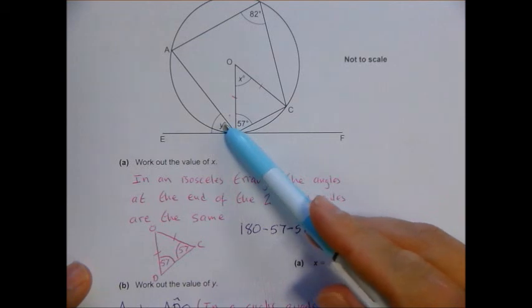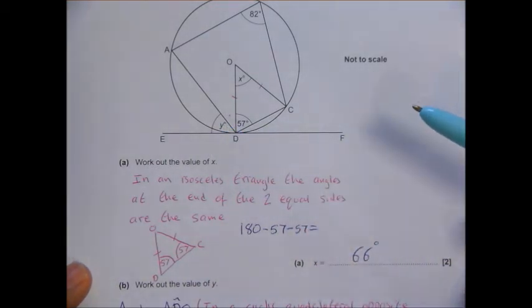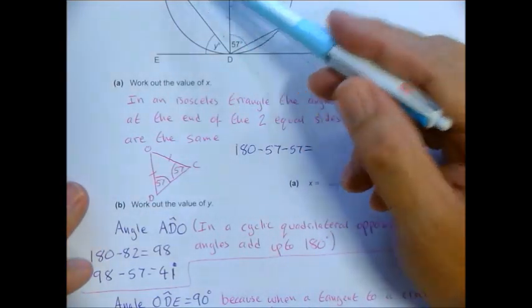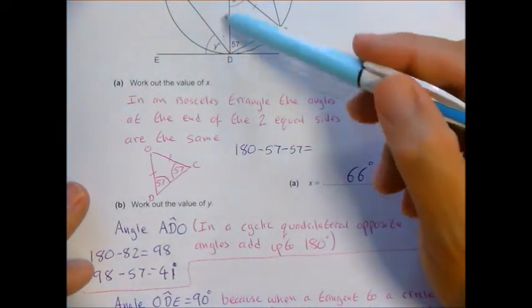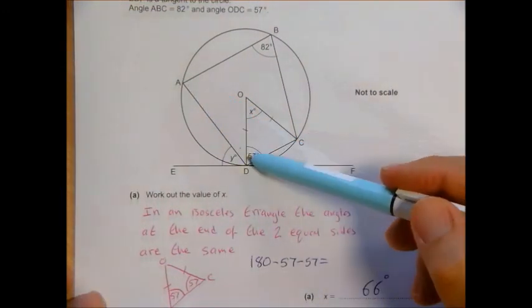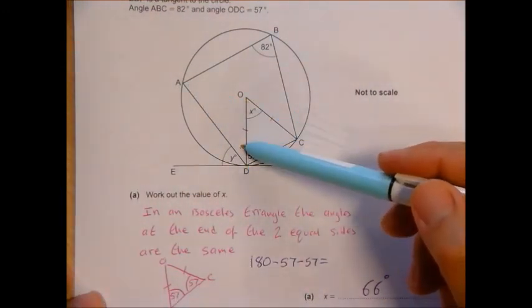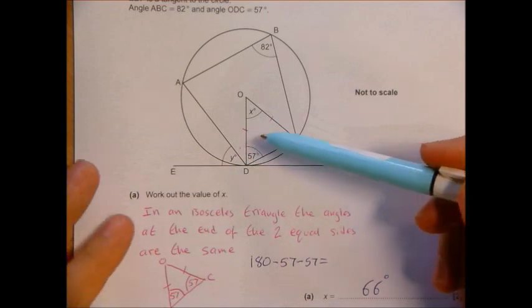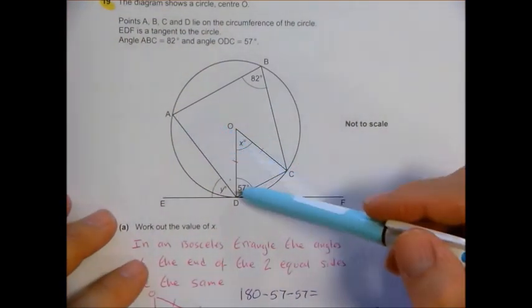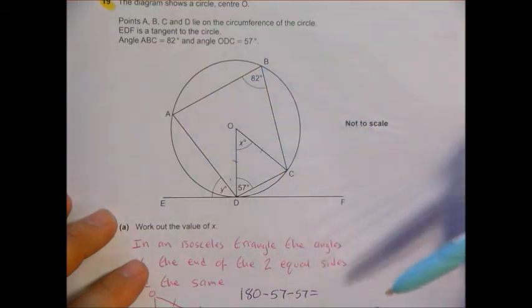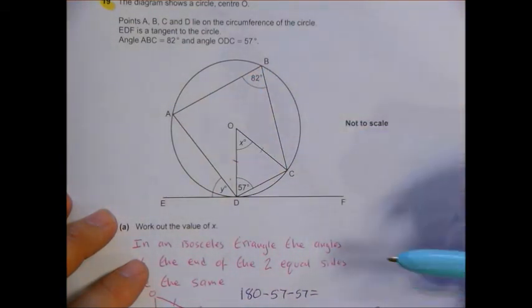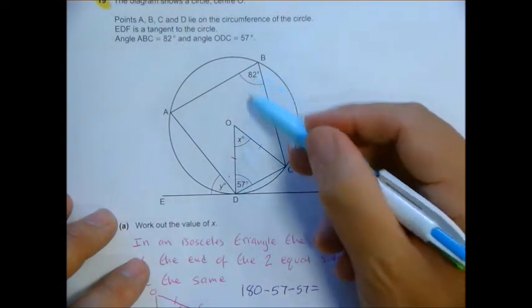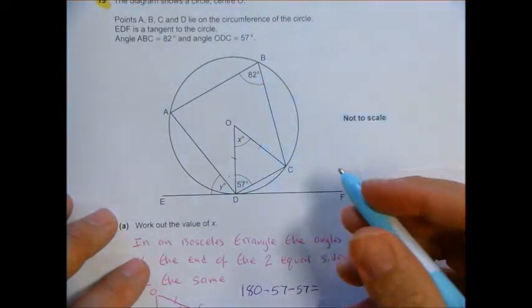So y is there. So angle ADO. So I'm going to work out this angle here. ADO is there. That angle in there. Well, to work it out, what I've done first of all is I've spotted there is a quadrilateral in here, and what you'll hopefully know is that opposite angles in a cyclic quadrilateral add up to 180 degrees, or they're supplementary.